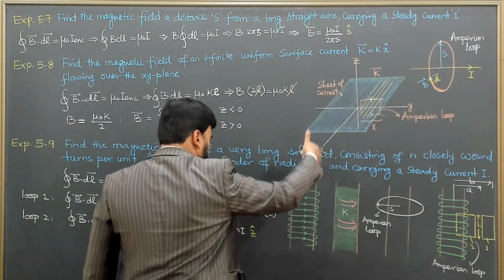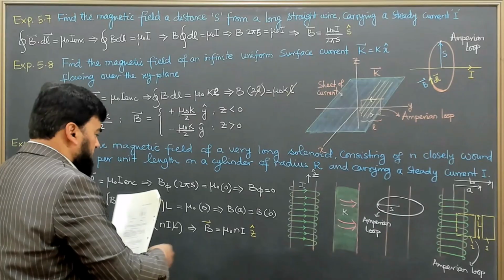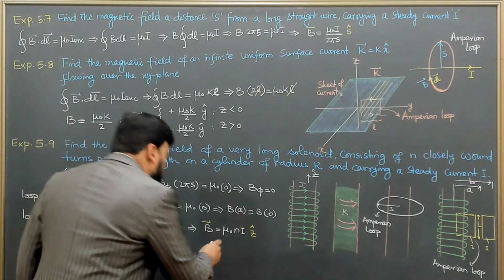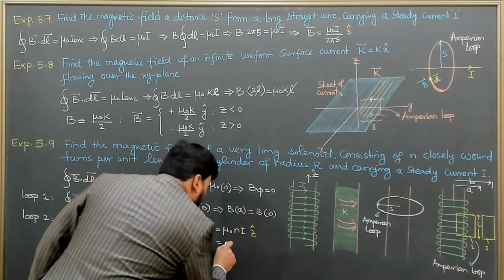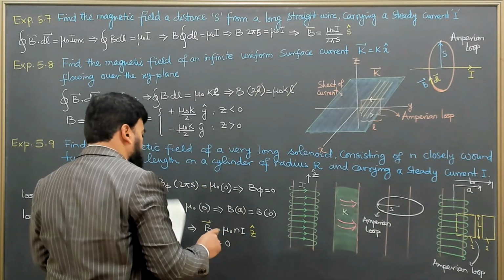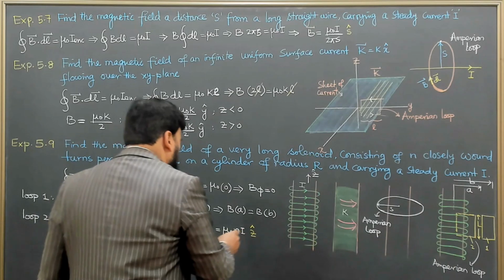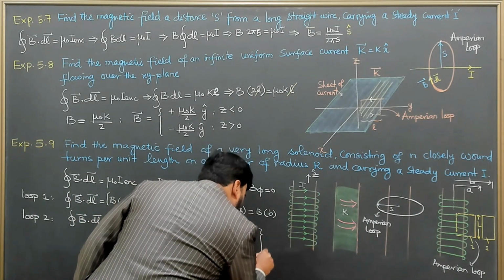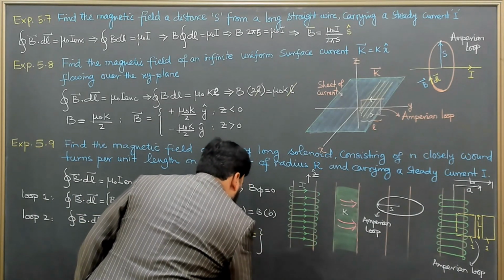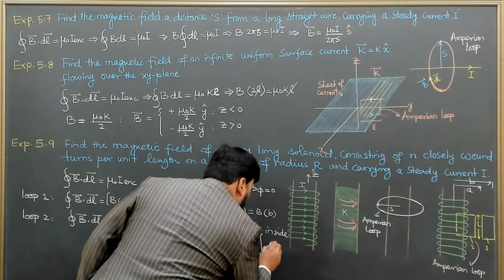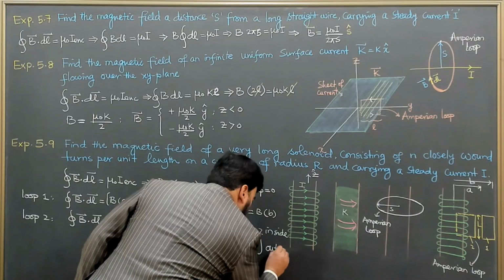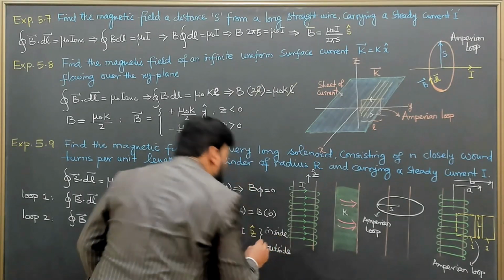So Z direction is here, and it is equal to this. And outside the solenoid we have this equal to 0. So this is inside the solenoid, and this is outside the solenoid.